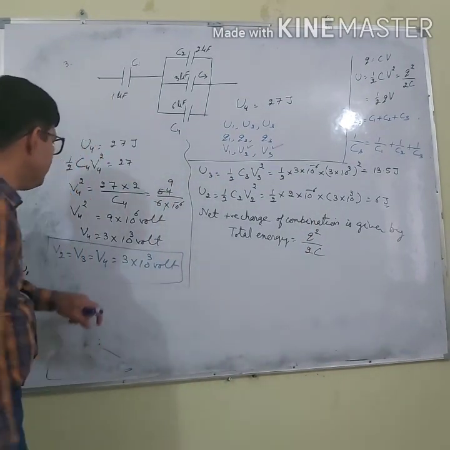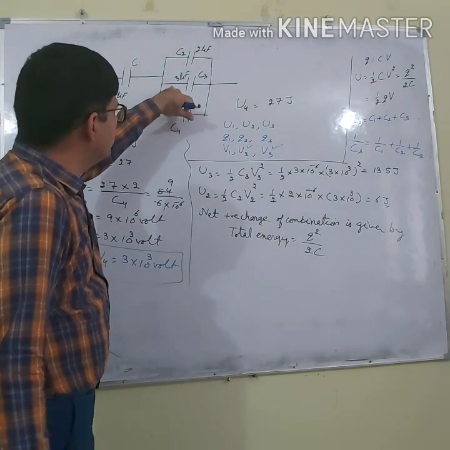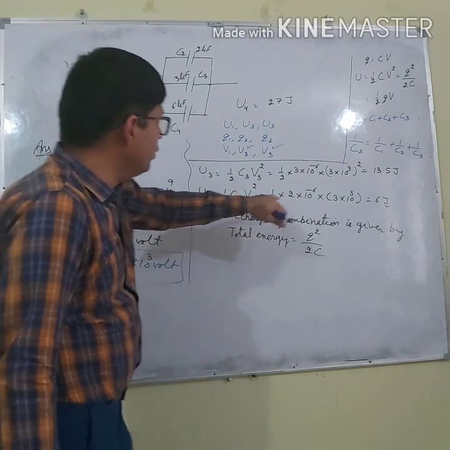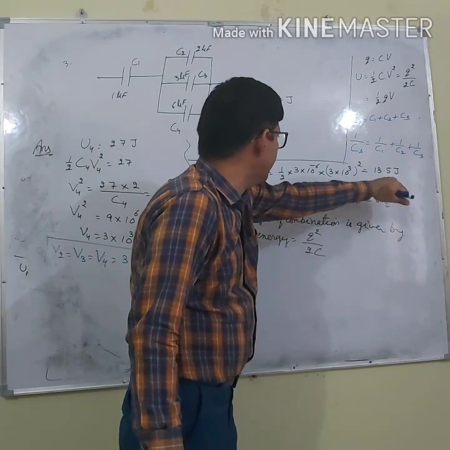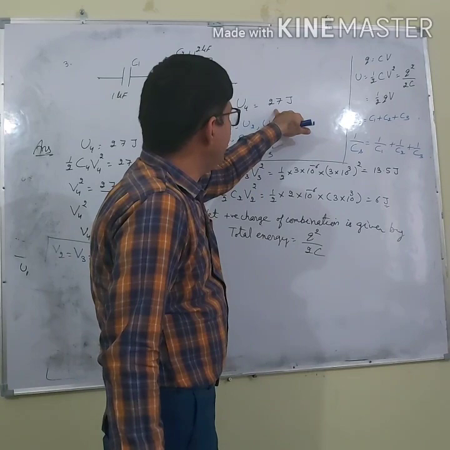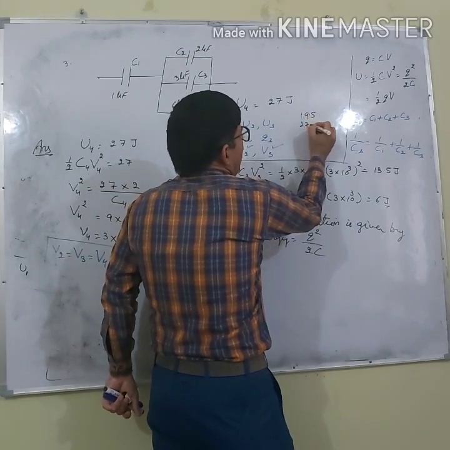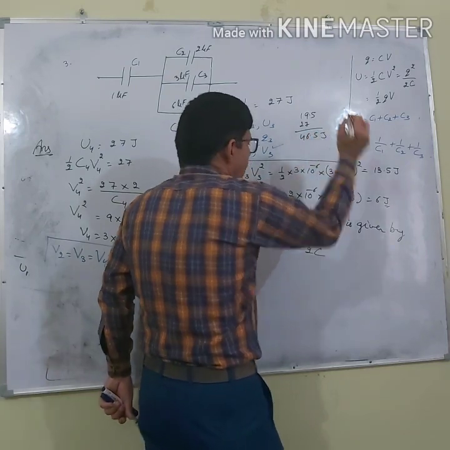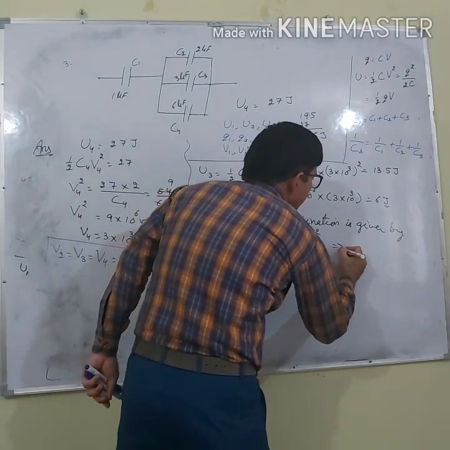What is the total energy of this combination? Total energy is U2, U3, U4. What is U2? 6. What is U3? 13.5. What is U4? 27. So total 19.5 plus 27, and how much is this? This is 46.5 joule.